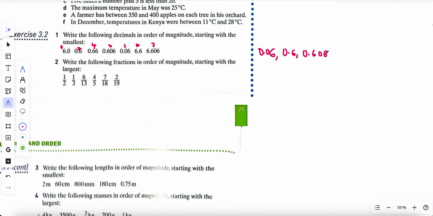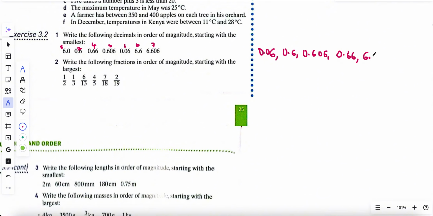Then number 4 is 0.66, the next smallest. Then number 5 is 6.0. All the 0 points have finished.